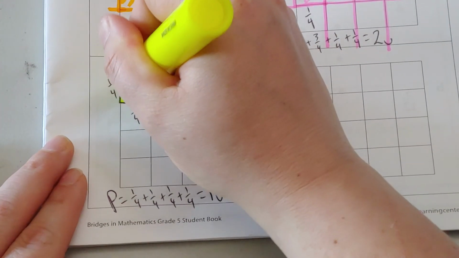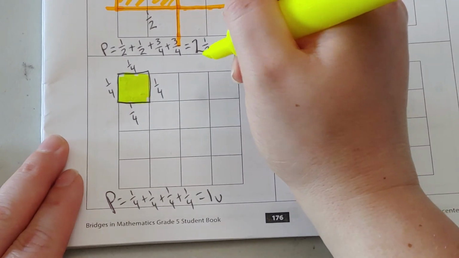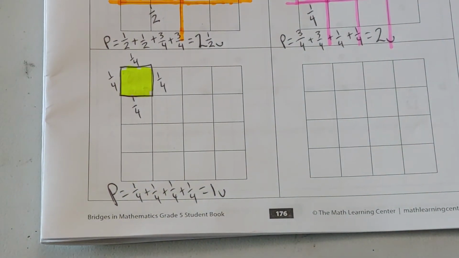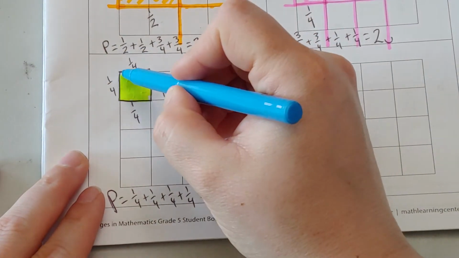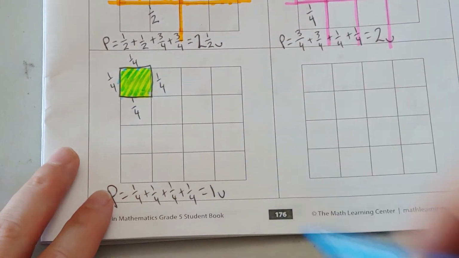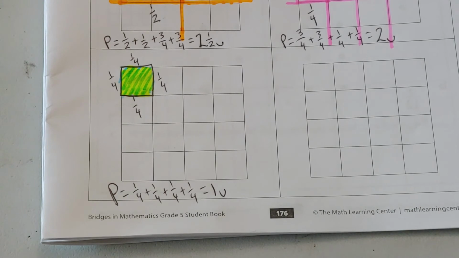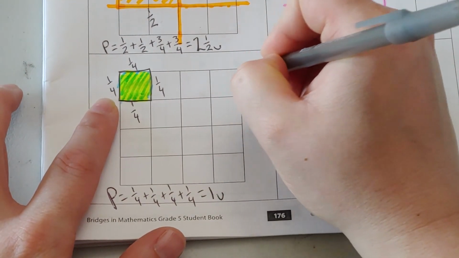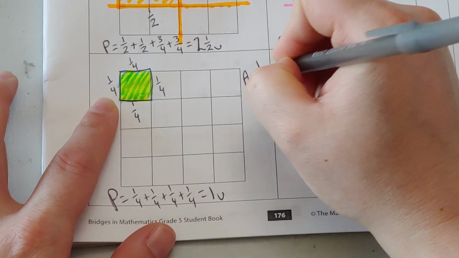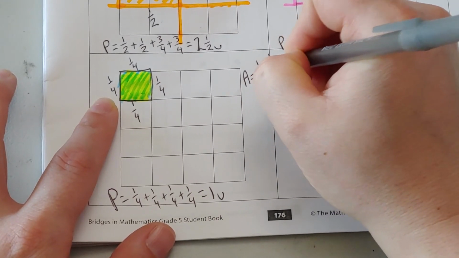But maybe if I color in, it'll be easier. Let's try. Can you see that? Not really. So I guess we're gonna have to just go with some more blue. Okay. Find the area of the yellow. 1/4 times 1/4.